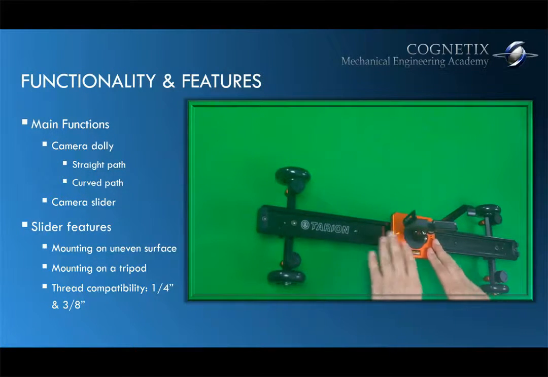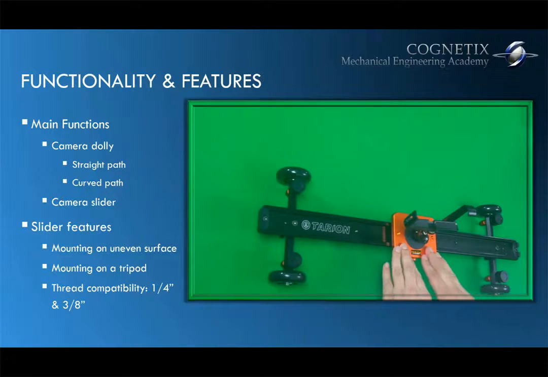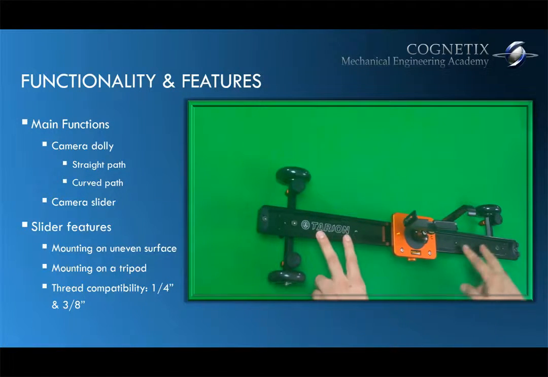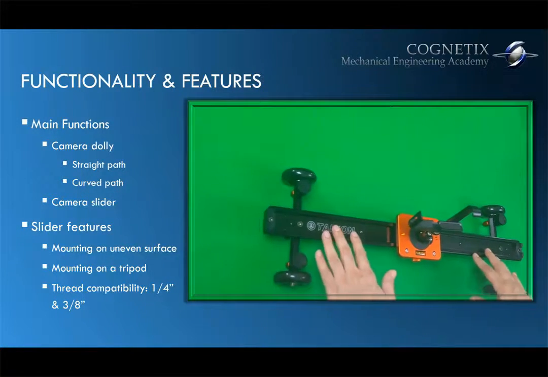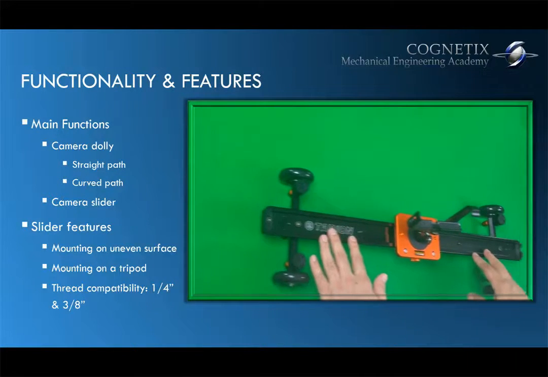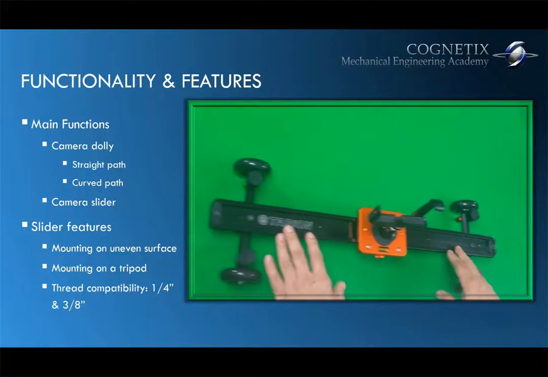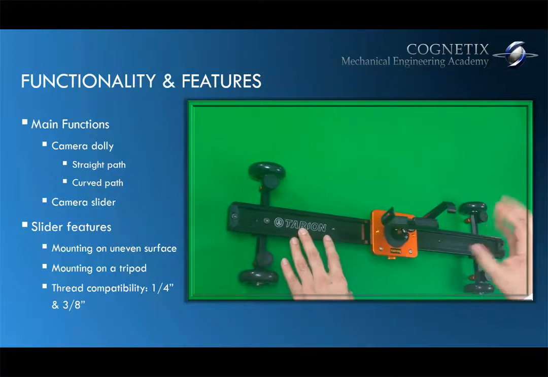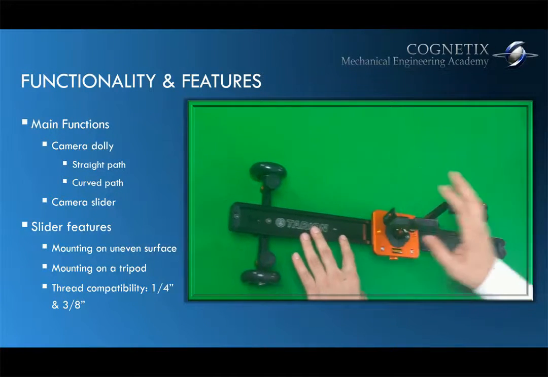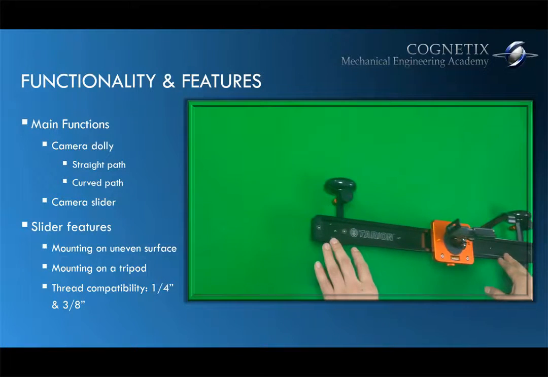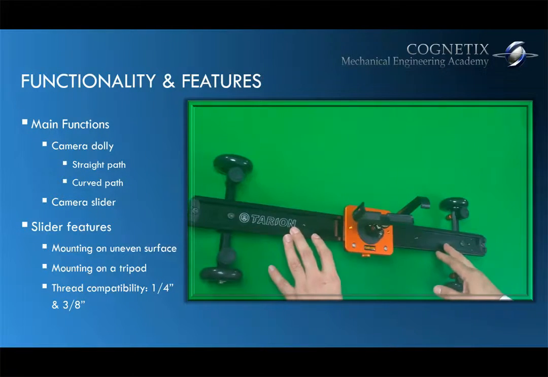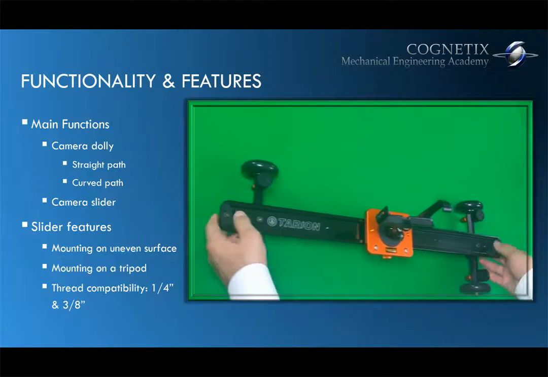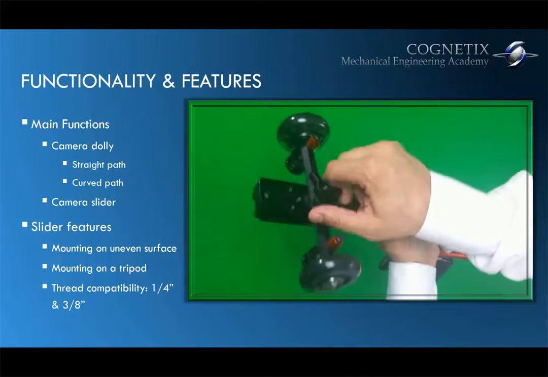Now, like I said, the slider is fixed. This no longer slides left and right in relation to the rail. The entire product moves left and right, which is the dolly function. So you can slide your camera longer travel, basically.